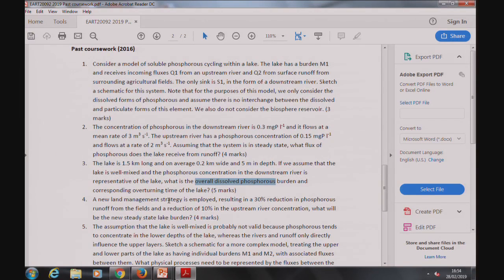And so the mass of phosphorus within the lake is the volume of this lake, 1.5 times 10 to the 6, multiplied by 0.3, since it's representative of the downstream river, so it's 0.3 milligrams per litre, which is actually 0.3 grams per metre cubed.